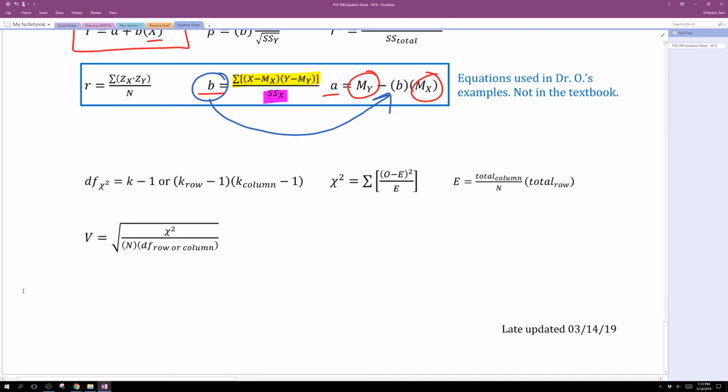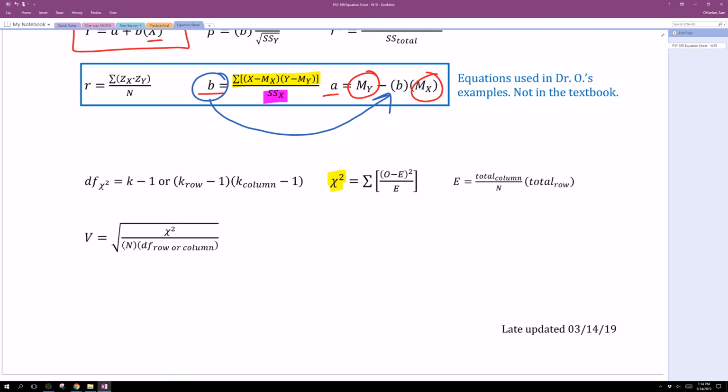Okay, now on to our last group of equations. The final test statistic that you learn in this class is chi-squared. So chi looks like an uppercase X. Now, what separates chi-squared from all of the other equations you've learned so far is that it's a non-parametric test.